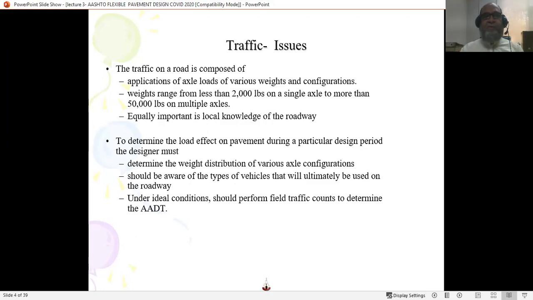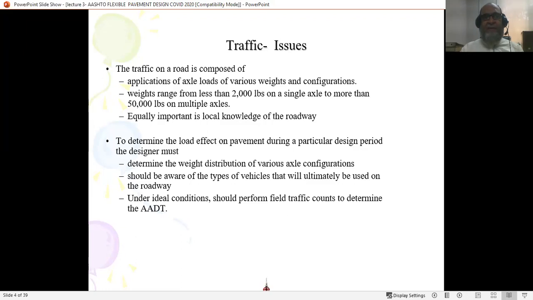What we do is we count the traffic each day, 24 hours a day, 7 days a week, 365 days a year, and we accumulate them, and then you divide it by 365 to get the average annual daily traffic.